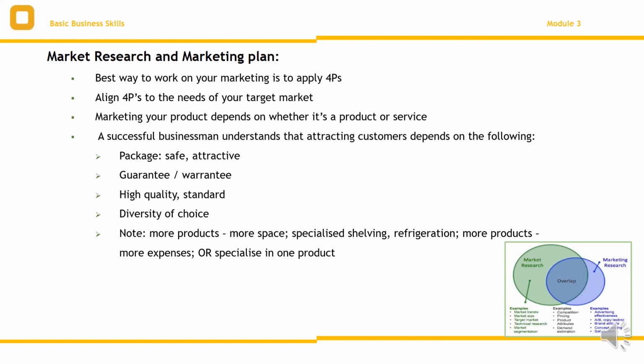So more products equate to greater expenses because you need more space in terms of accommodating or storing the product or service, as opposed to having one specialized product that you are producing. So specialized product is focusing on that one specific product that you are going to produce and specialize and master.